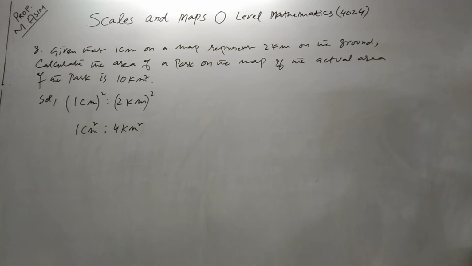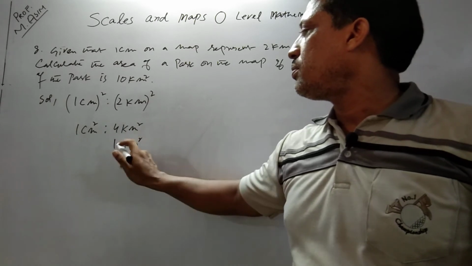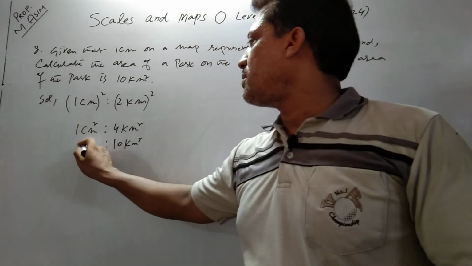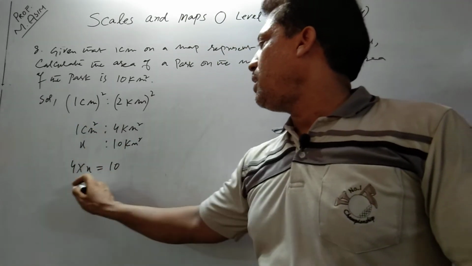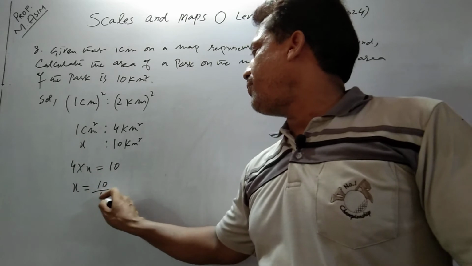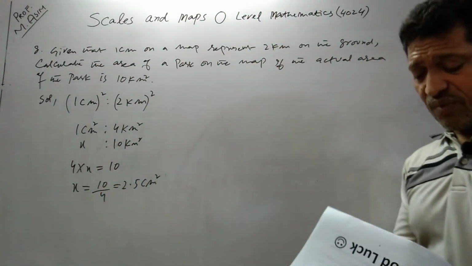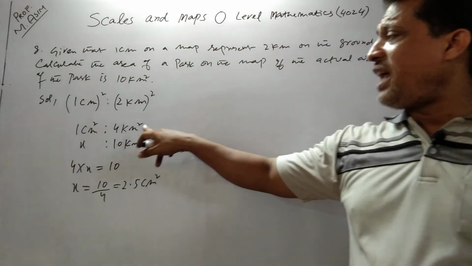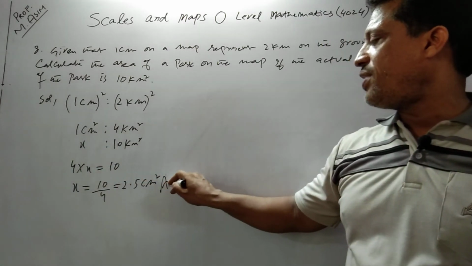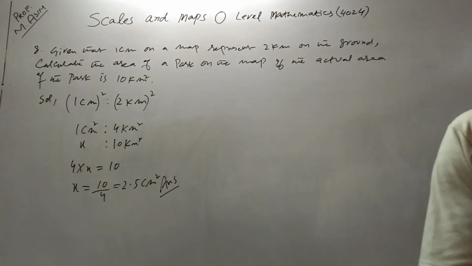The actual area of the park is 10 kilometer square, and the map area is x. So 4 by x is equal to 1 by 10, so x is equal to 10 by 4, which is 2.5 centimeter square. Therefore 1 centimeter square represents 4 kilometer square, therefore 10 kilometer square represents 2.5 centimeter square. This is our answer. Move to question number 9.